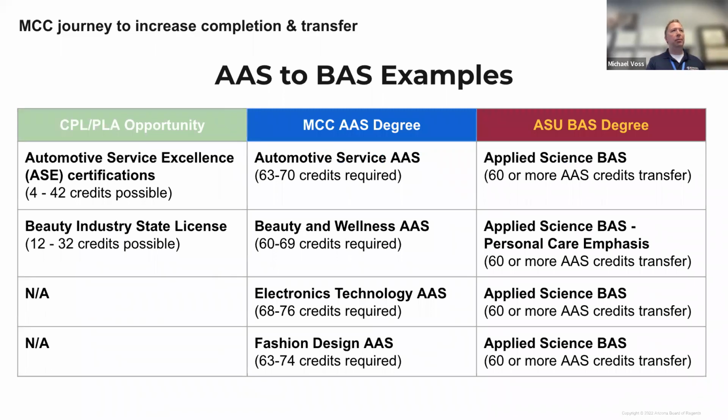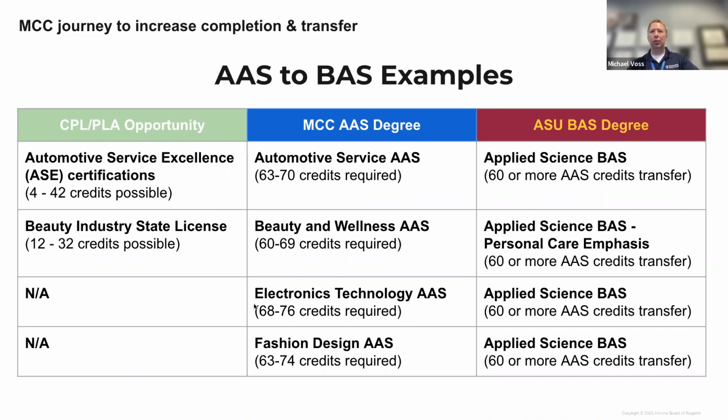And anytime we can use PLA or just make awareness about AS to BAS transfers, it accelerates the pathway to university, right? So some things like our automotive AAS and our beauty and wellness AAS, they have some credit for prior learning or prior learning assessment opportunities.